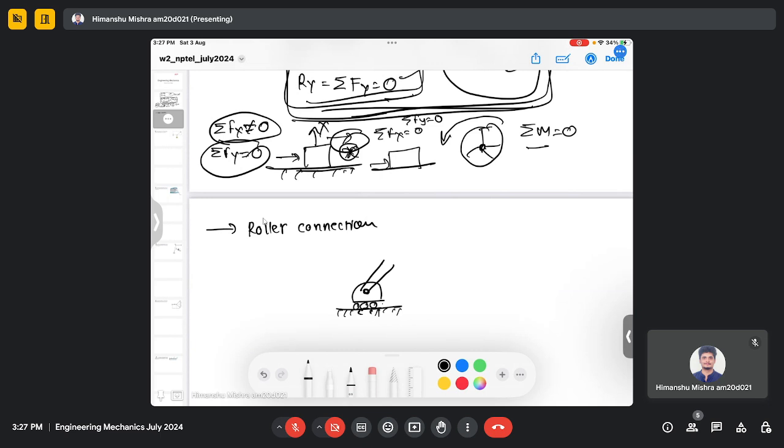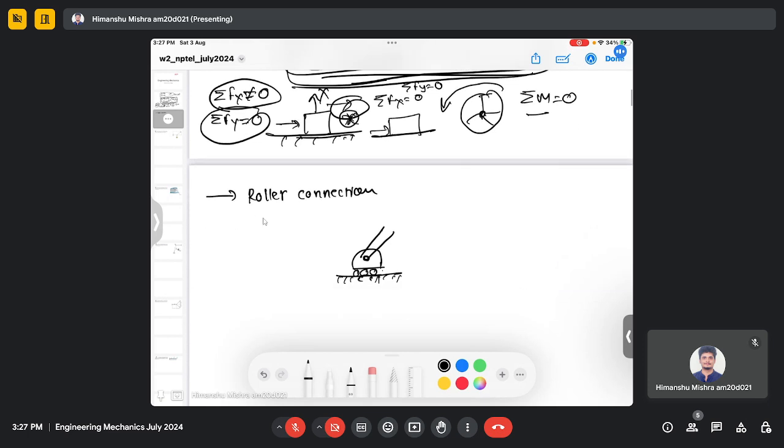So here also we will have a normal reaction, or the overall movement, acting at this joint. In the roller connection, this roller can move in the horizontal direction, but it cannot move in the y direction. So there is a constraint in the y direction.